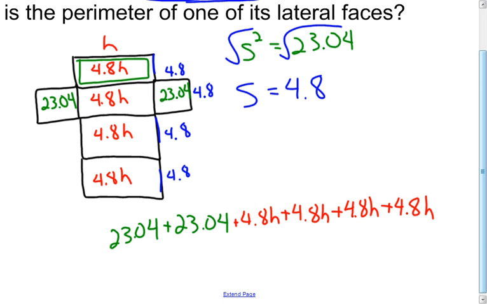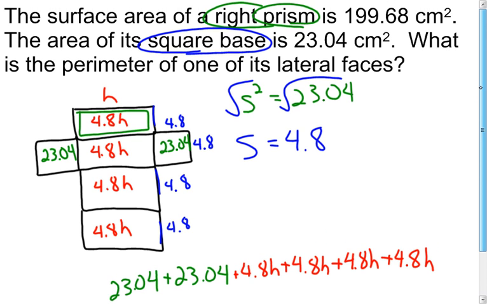So there's my surface area. But I do know that surface area is equal to 199.68, based on what the problem told me to start. So I'm going to set this entire equation equal to 199.68. And now I have an equation to solve.